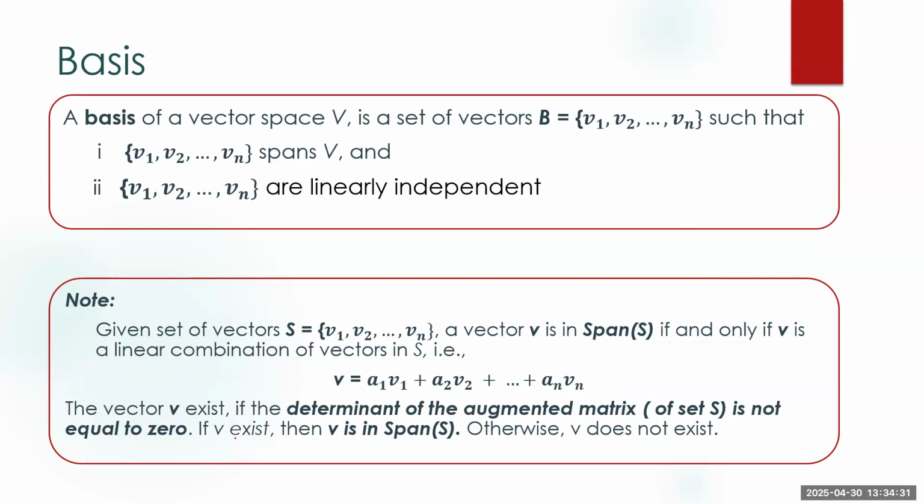If this V exists, then V is in span S. So meaning this V belongs to this set of vectors. If upon getting the determinant it resulted in a 0 value, meaning that V does not exist. This is for identification of span.